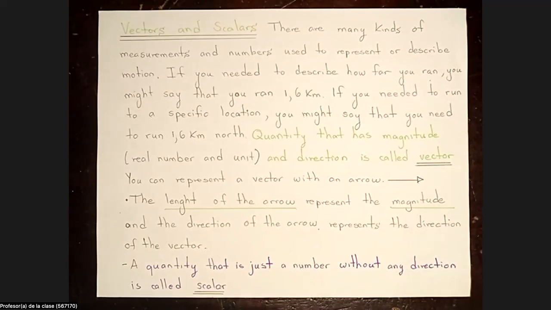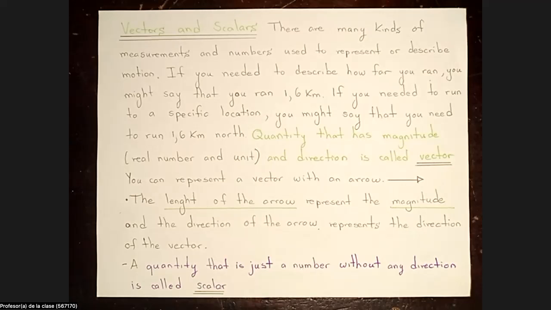There are many kinds of measurements and numbers used to represent or describe motion. If you needed to describe how far you run, you might say that you run, for example, 1.6 kilometers, right? That will be an example.